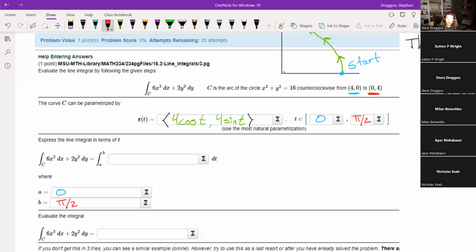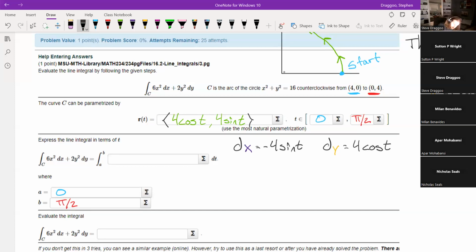So next up, I need to substitute in my parameterization, which means I should come up with dx and dy. dx is -4 sine t, while dy is 4 cosine t.